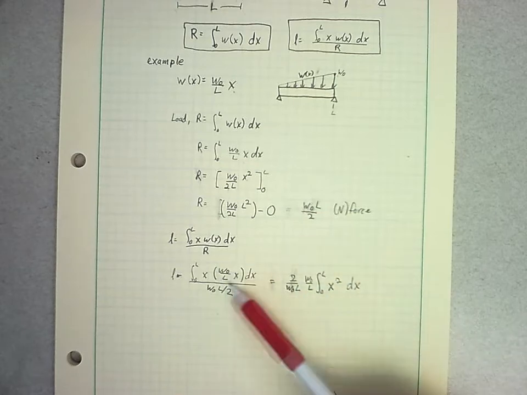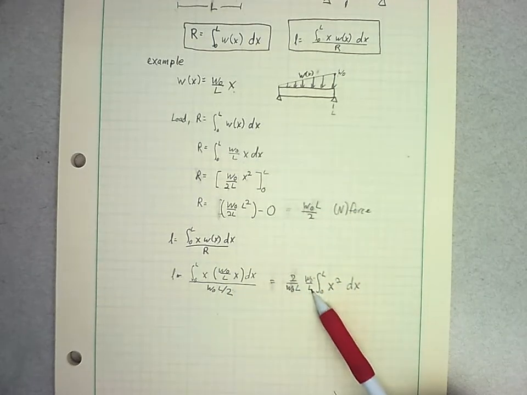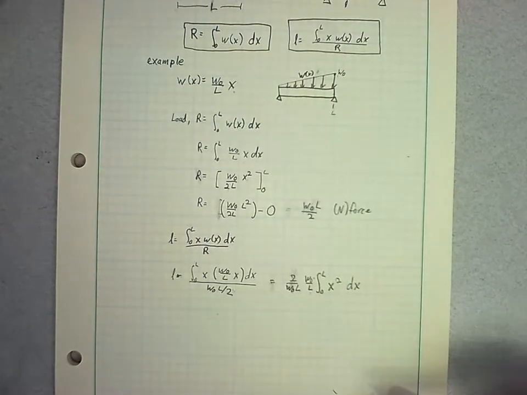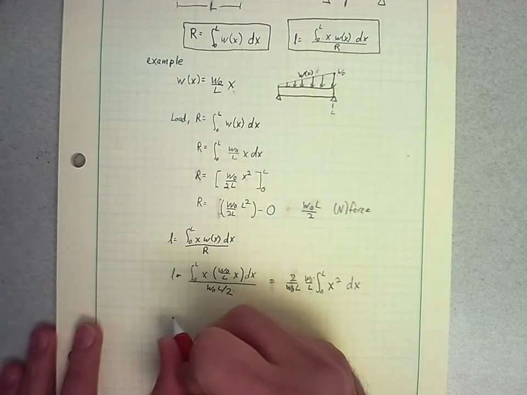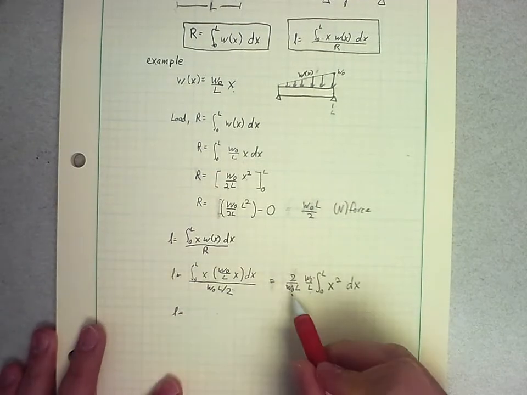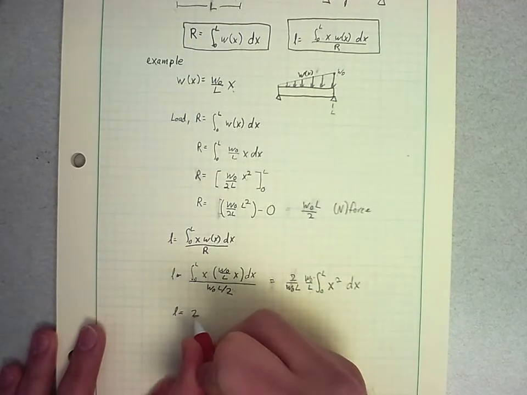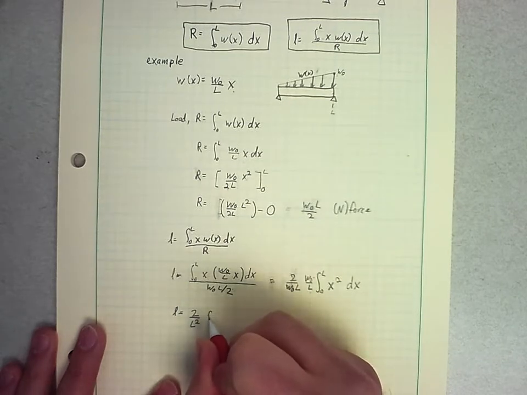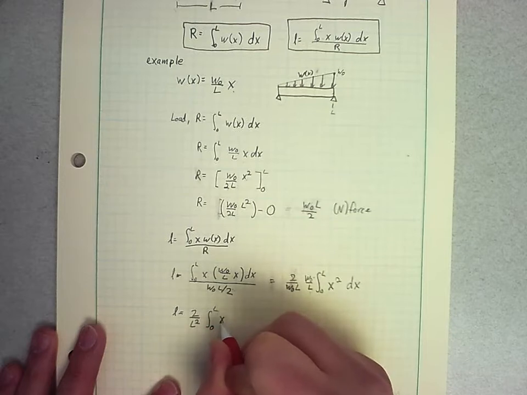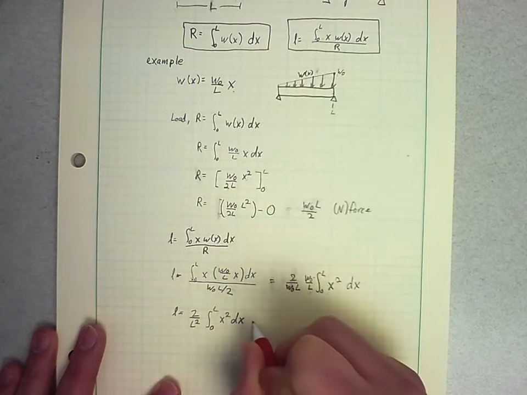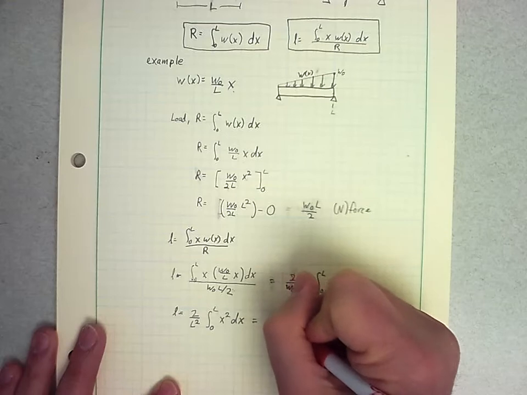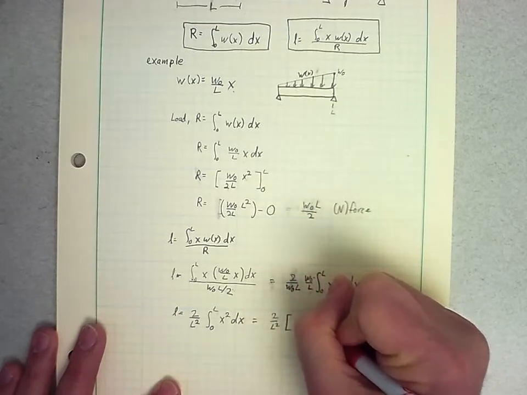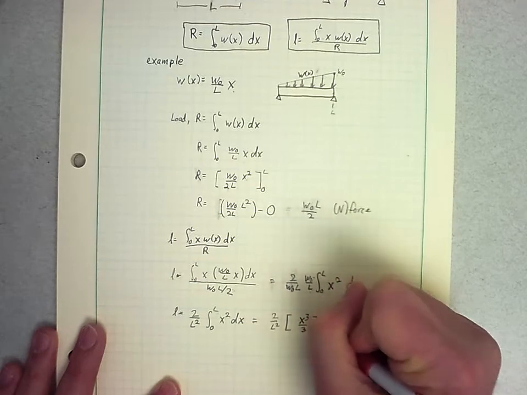I can pull this coefficient out front and get W0 over L, and then all I'm left with inside is just the x squared term, integrated from 0 to L. By simplifying, those will cancel, it's actually 2 over L squared times the integral 0 to L of x squared dx. Get the antiderivative, which is just x cubed over 3.